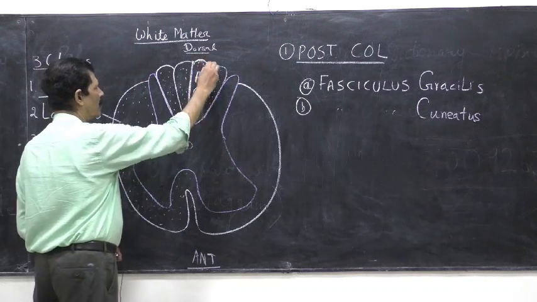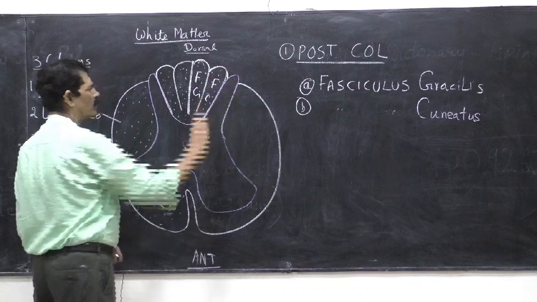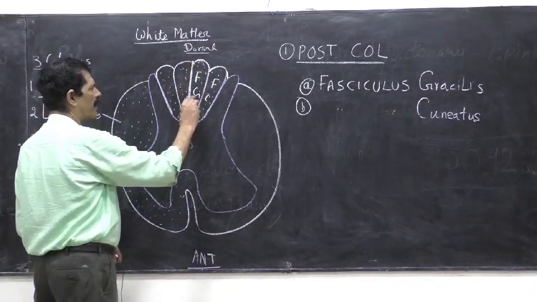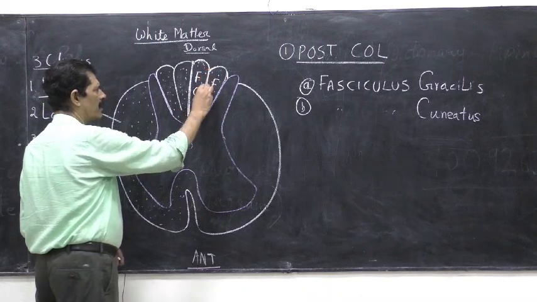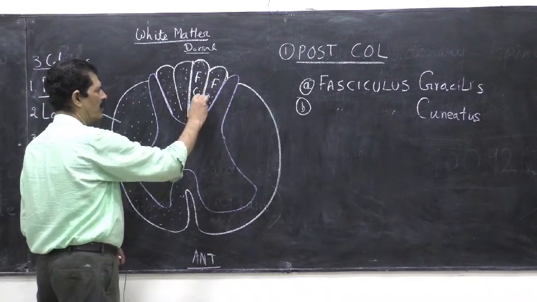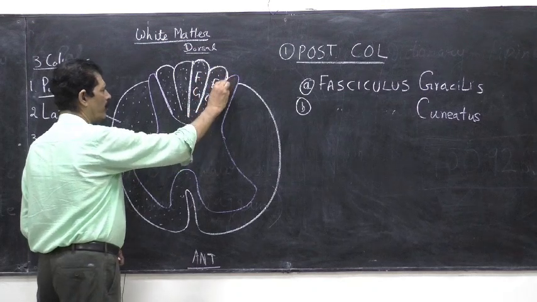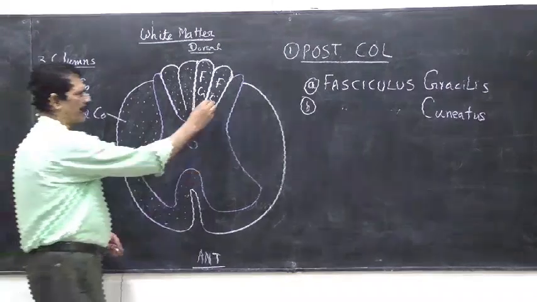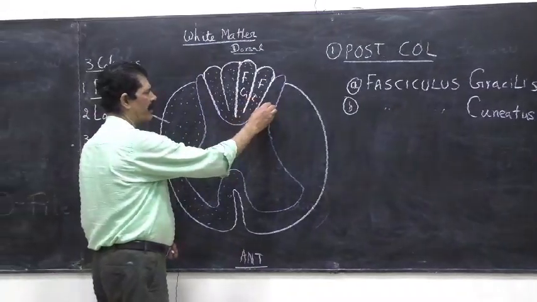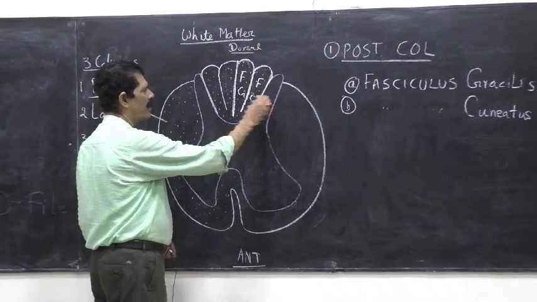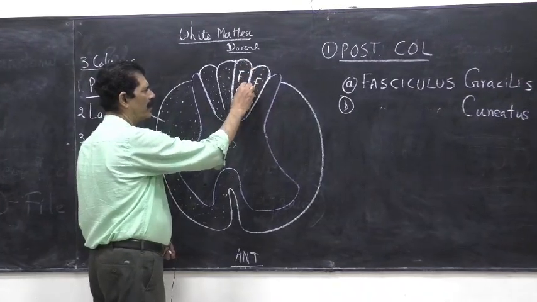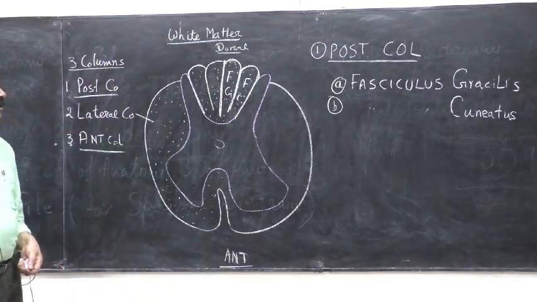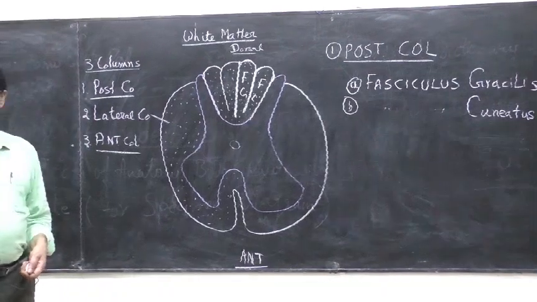So these are the 2 bundles, medial and lateral, separated by the median septum, which is the posterior-medial septum. This is the posterior-lateral septum. So with the posterior-lateral septum or the sulcus, it is separated from the posterior horn or the gray matter, and the medial septum separates the fasciculus gracilis from the fasciculus cuneatus. So this is the transverse section showing the dorsal horn.